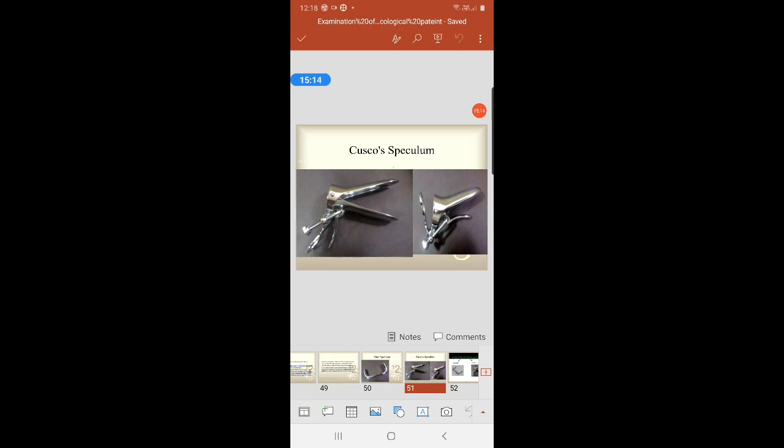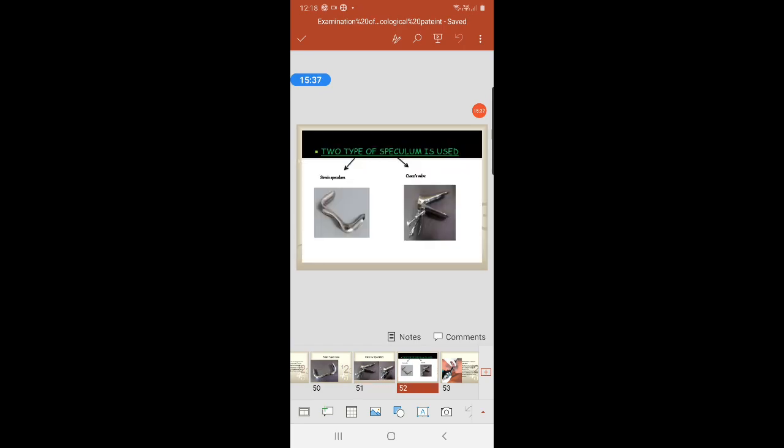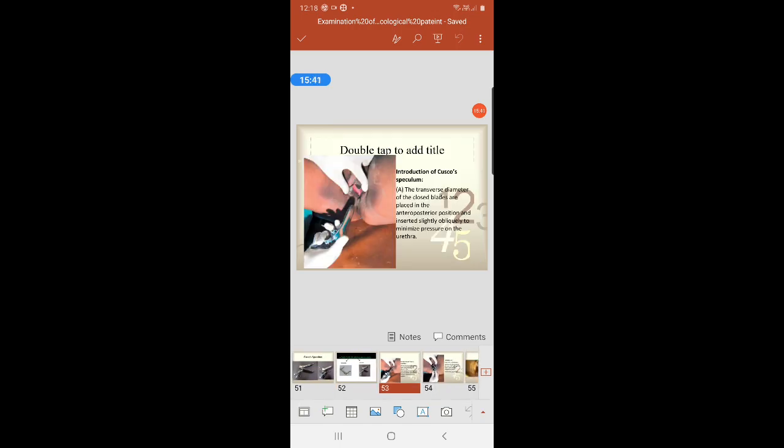In the case of the Sims speculum, one has to hold it in position, whereas the Cusco's speculum, because it has these screws, can be kept inside without any assistant to hold it. You have to decide in which cases we want to use it. So there are two types, Sims and Cusco's.